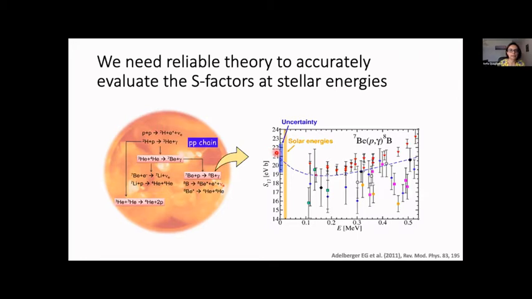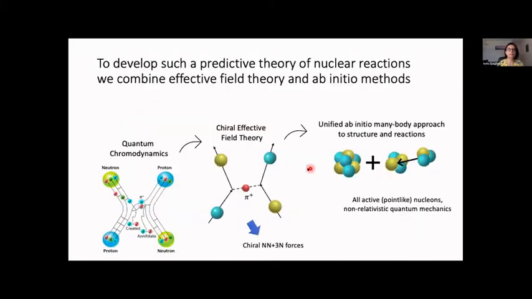So because of this, ideally we would like to develop a predictive theory of nuclear reactions that we can trust and that can give us accurate evaluations. Currently, the best path to such a predictive theory consists in combining effective field theories of quantum chromodynamics, in particular chiral effective field theory, which helps us organize the nuclear force into systematically improvable expansions, with ab initio methods.